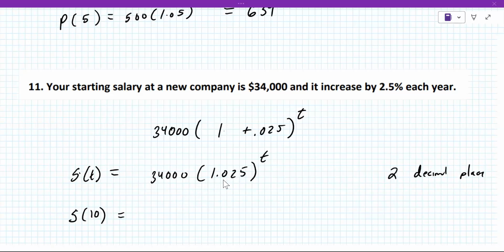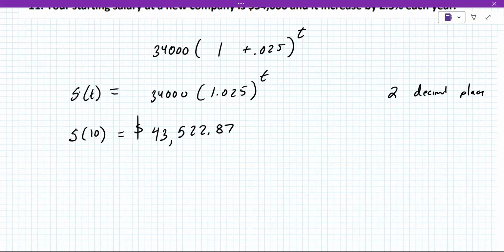Oh, wait. Oh, 10th. I did to 5. Okay. Same thing. 43,522.87. And most salary increases are by percentages, especially at larger companies, Fortune 500 companies. At smaller companies, they may be in dollar amounts, but nevertheless, it's something to consider.